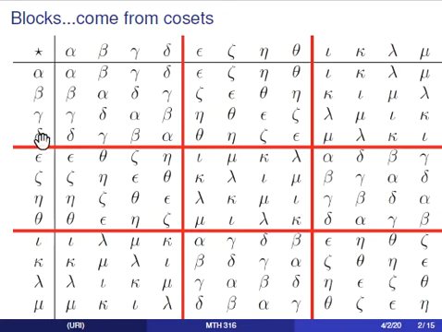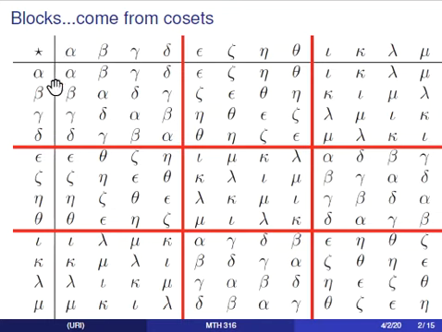In particular, what we noticed is that when you have a block, then that block that contains the identity, in this table that would be alpha, that block is closed under the operation of the group, right? And so we know what that means now. If you have a finite subset that is closed under the operation of the group, then that subset is a subgroup. Well, what I want to talk about today are cosets of that subgroup.